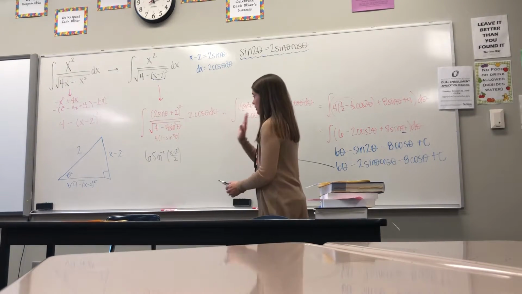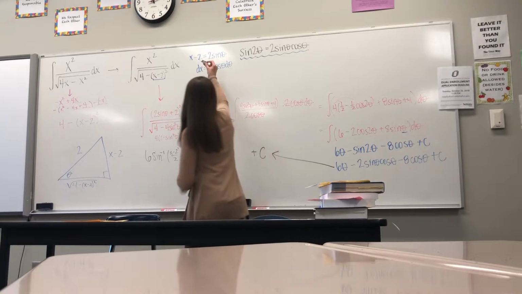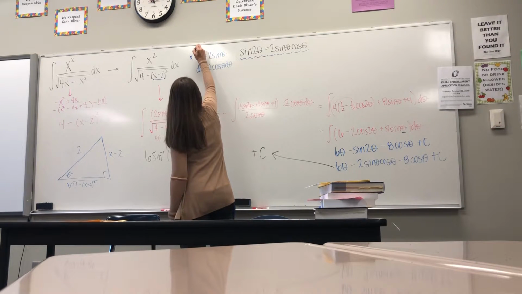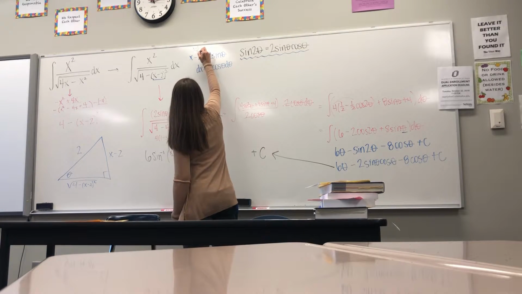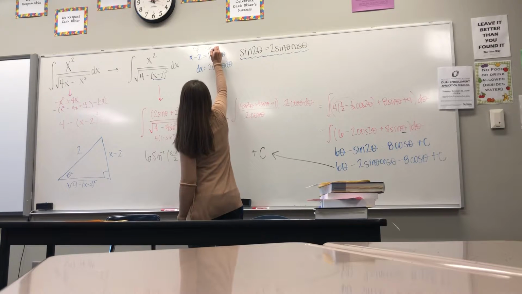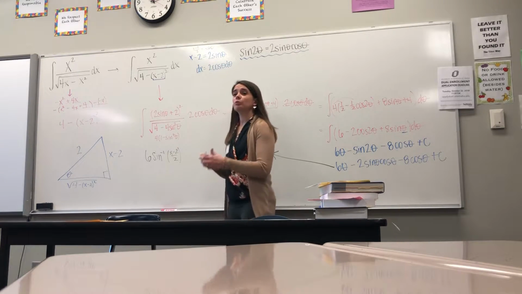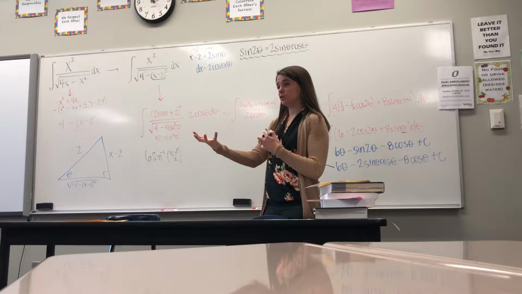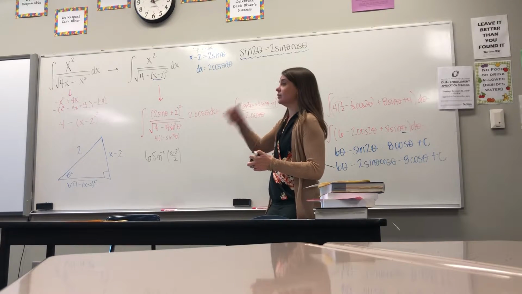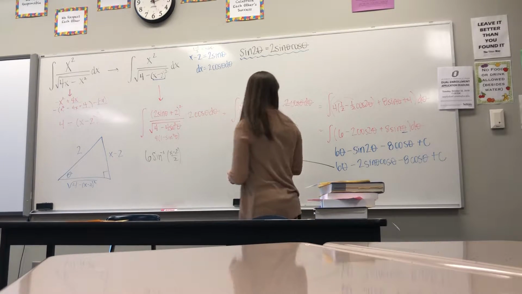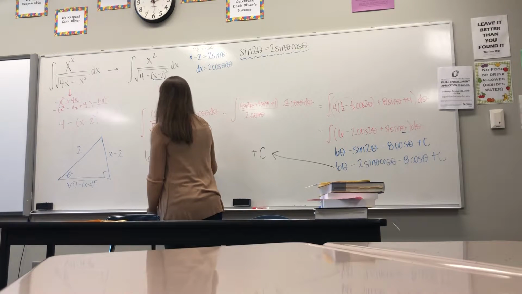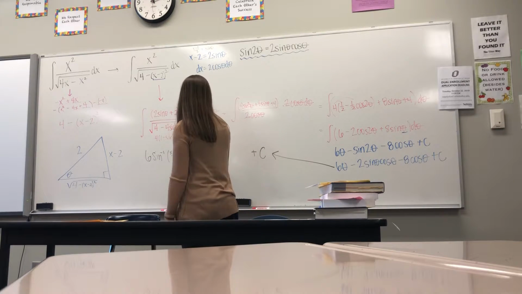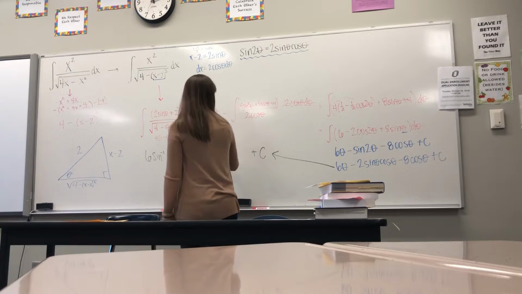If we solve for theta, right? (x minus 2) over 2 would equal the sine of theta. Do you agree? Yeah. So if we solve for theta, inverse sine of (x minus 2) over 2. Okay? Minus 2 sine theta, so that's opposite over hypotenuse.